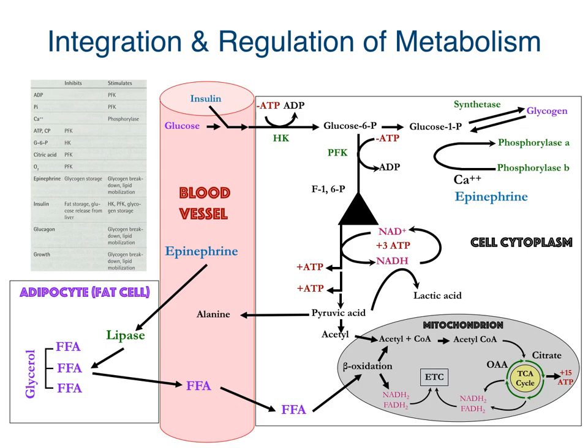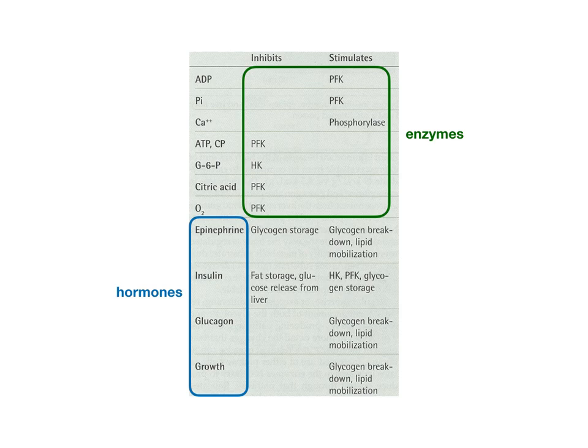So we're going to look at this in a bunch of chunks. The first thing I want to do is get rid of this table here. So let's look at that. Here's what we have in that table. We have two distinct categories of substances that are used during metabolism. In the green, you'll notice, are all enzymes. How do we know they're enzymes?